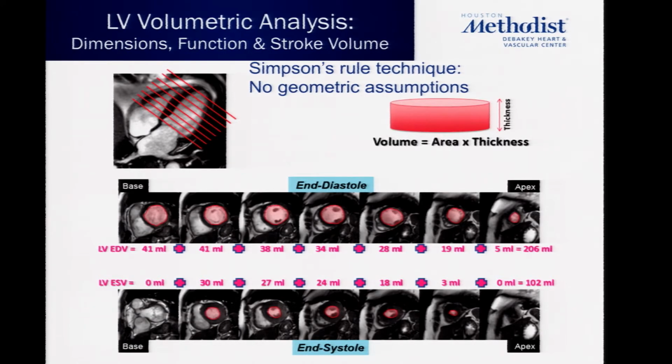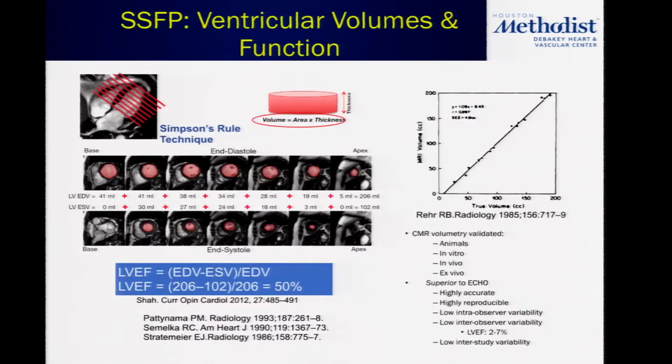And then as we go through and trace each of these individual slices, the area times the thickness of the slice basically computes a volume. If you add these volumes together in diastole, you generate now an end diastolic volume. You do the same thing in the systolic frame, and you generate an LV end systolic volume. And then obviously the difference between those two is going to be your stroke volume.